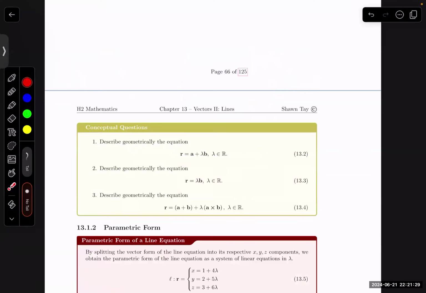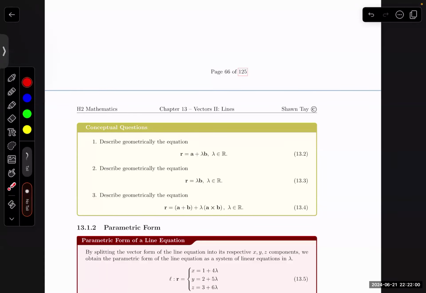If you don't believe me, it's fine. Go and take out your TYS, look at the past year papers, you should see something like this. Same for plane equation. And I can't remember something else. So 3 parts. One part is line equation. The answer, hopefully the TYS answer is the correct one.